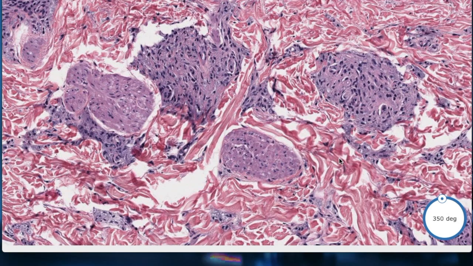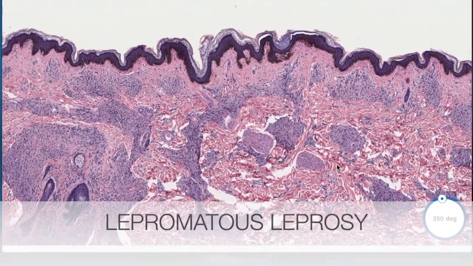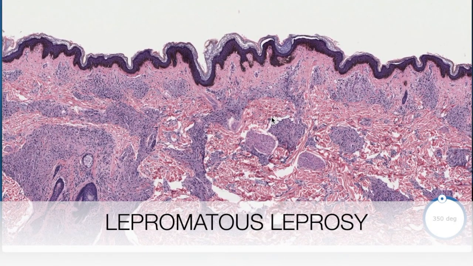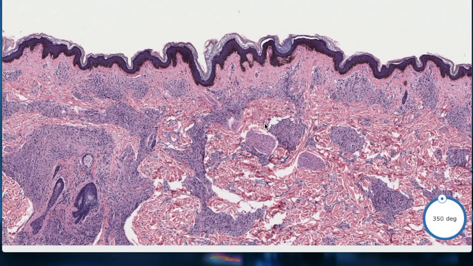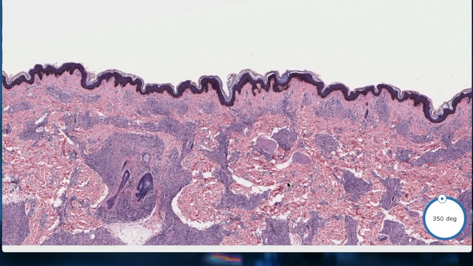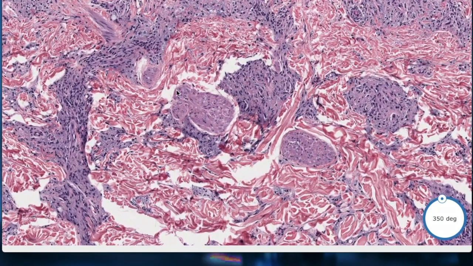So this is a nice example of leprosy. Of course, this is suggestive of leprosy, although you need to do further workup to find the organism. However, very nice example of leprosy where you see the granulomas. They are naked granulomas like sarcoid granulomas, with not a lot of lymphocytes around them. But these granulomas are surrounding the nerve structure.